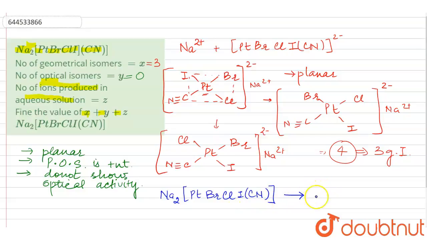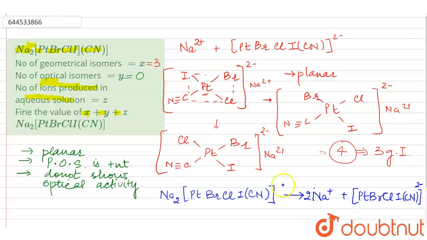It will break into its ions: 2 moles of Na plus, and with that the ionic sphere of platinum, bromide, chlorine, iodide, and cyanide with 2 minus charge.